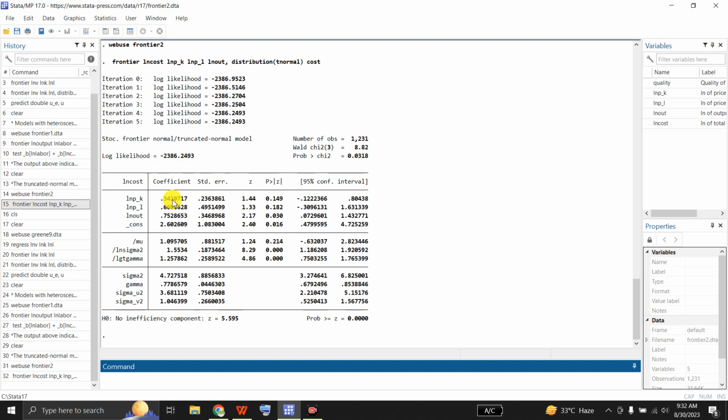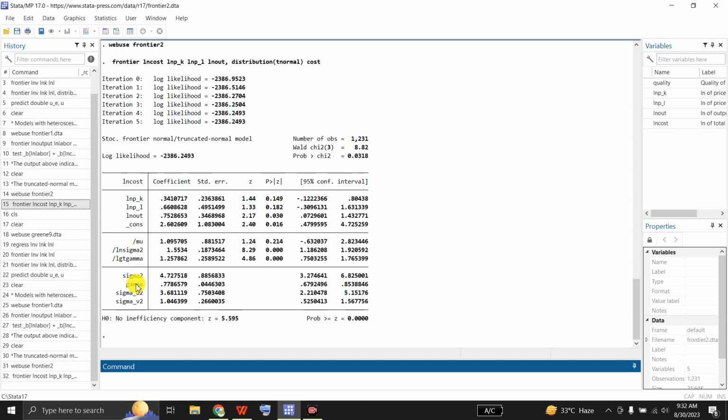These are the coefficients of log transformed price of capital, log transformed price of labor, log transformed output. This is the constant, and in this model two of the coefficients, that is log transformed price of capital and log transformed price of labor, are statistically insignificant, and the log transformed output is significant at 5%. There are some other values like mu, natural log of sigma 2, the logit of gamma, sigma 2, gamma 2, and so on.